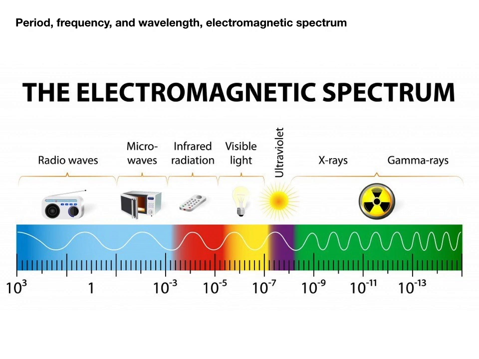Electromagnetic waves with a higher frequency include infrared light, visible light, ultraviolet light, X-rays, and gamma rays. As you can see from the chart, radio waves are at the low end of the electromagnetic spectrum.